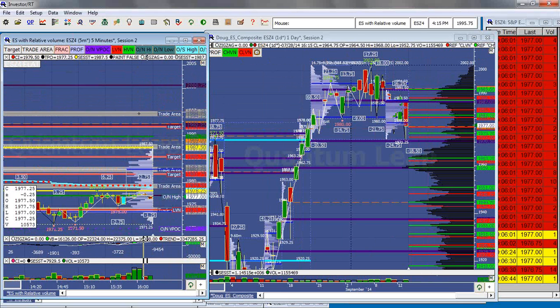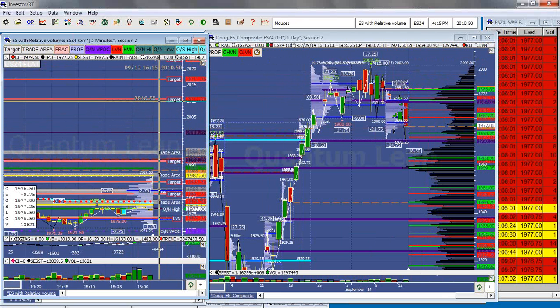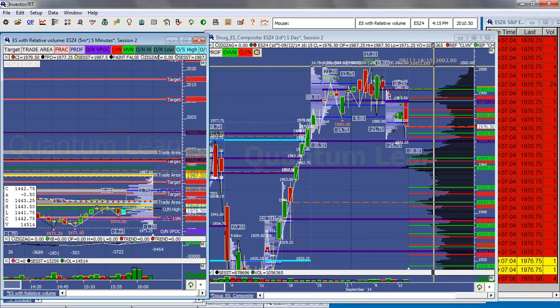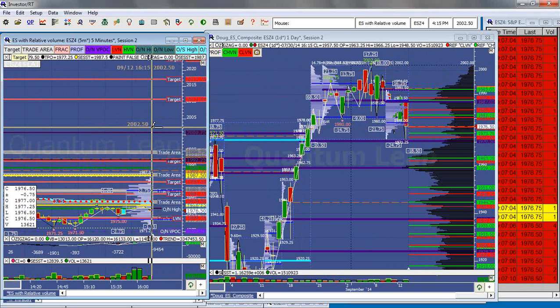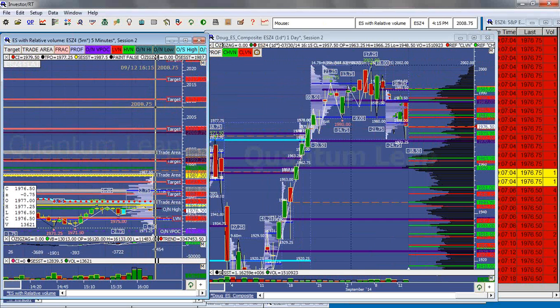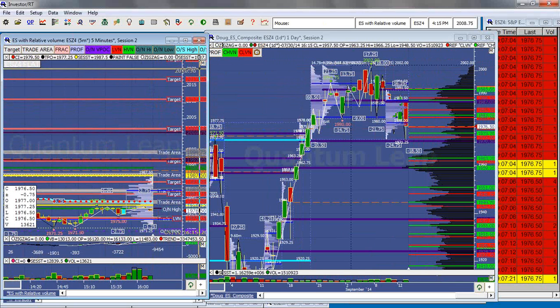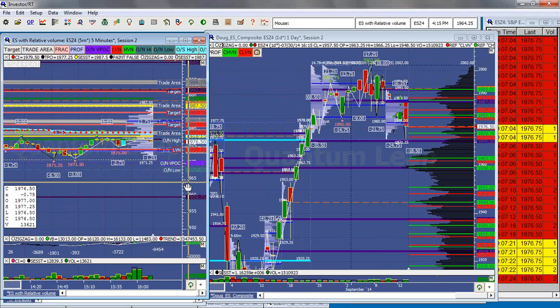And then, of course, once we break out of value and we're back into price discovery, the targets above are going to be the naked VPOC at 2,075, the adjusted high for the RTH session at 202, and of course I've got the equalization of 2011, which is our all-time high, and two measured moves at 17.25 and 23.50. I don't think we're going to get there today.